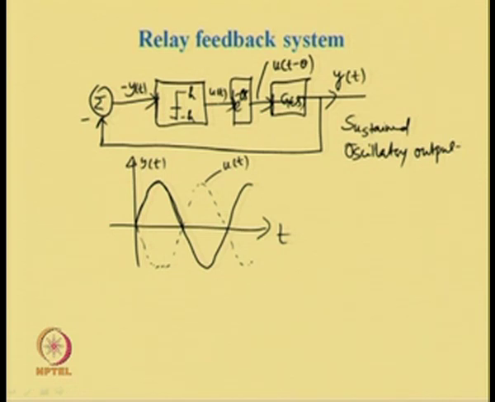When the input gets delayed by theta seconds, then there will be shifting by theta seconds. Let this be theta. Then the same input can be derived from this inverted input signal. Now, the input to the relay is minus y(t). So, this is minus y(t) and this is minus y(t minus theta).